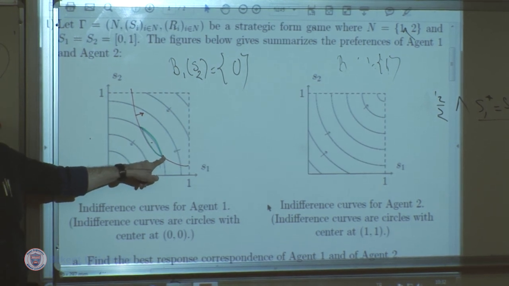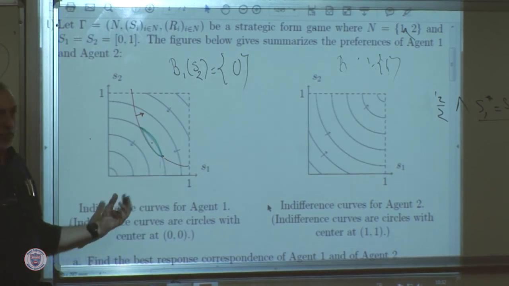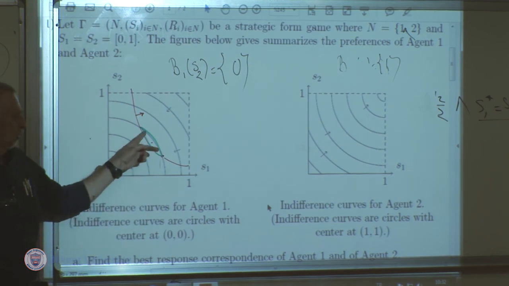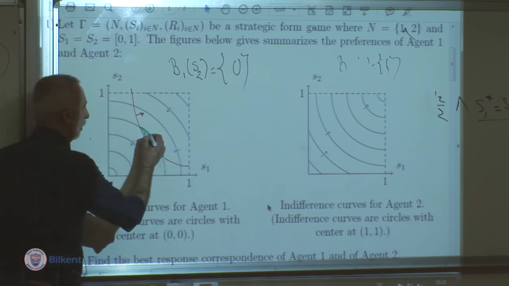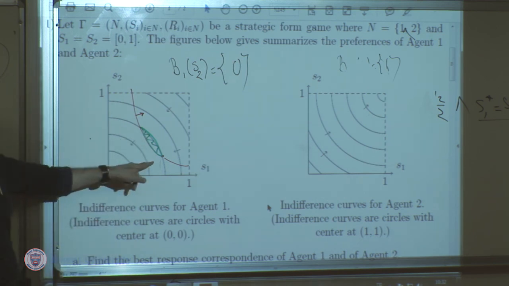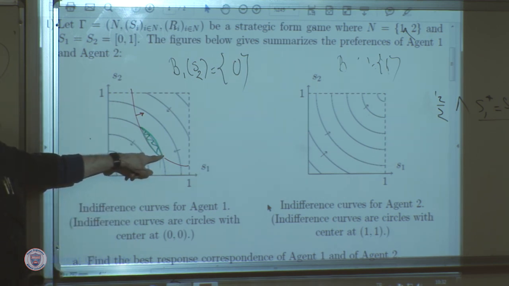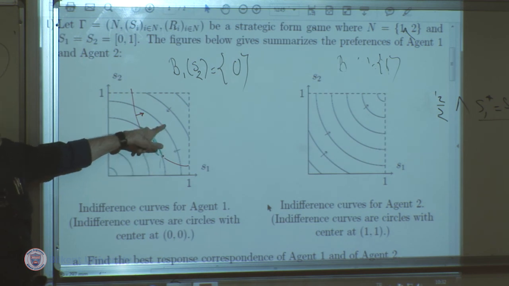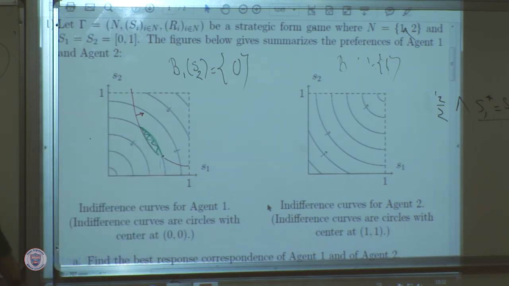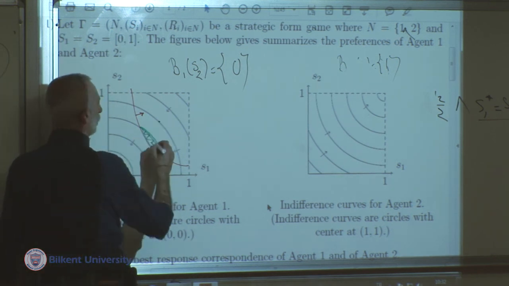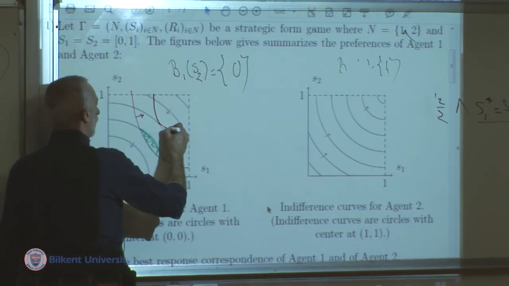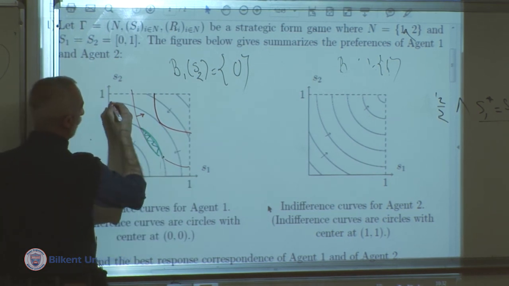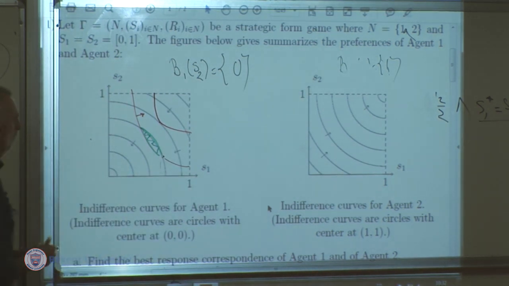So the green region should be restricted to a single point, which is the point itself. Where do you get those things? When the indifference curves are tangent to each other. So take this point, draw the indifference curve of player 2. We already have the indifference curve of player 1.